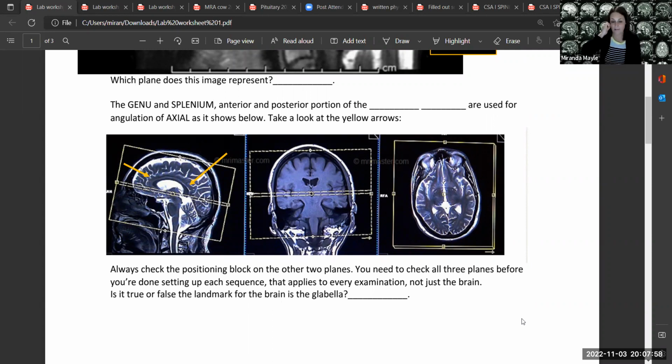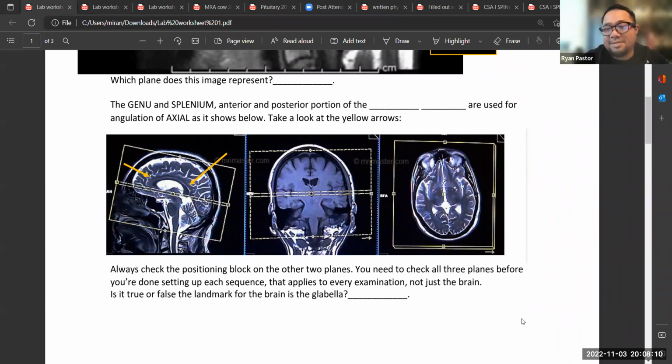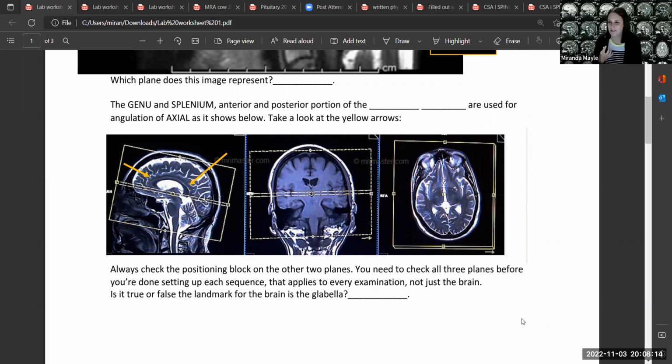And the landmark for the brain is the glabella. Yes or no? Yes. Okay, easy one. What's the landmark for the IACs? Come on. What's the landmark for the internal auditory canals? It's the glabella. What is the landmark for the pituitary?